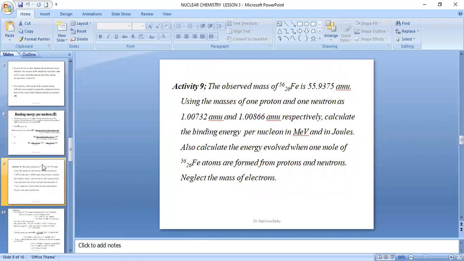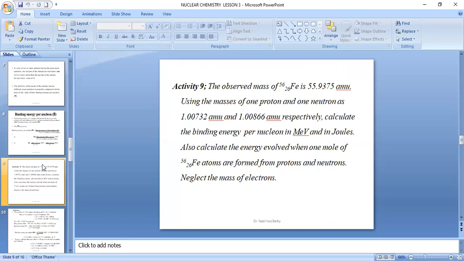Let us look at activity 9. The observed mass of iron 56 is 55.9375 mu. Using the masses of one proton and one neutron as 1.00732 and 1.00866 respectively, calculate the binding energy per nucleon in milli-electron volts and in joule.